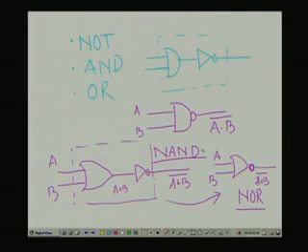Now, what will be the truth table of this NAND and NOR? What we have seen is that a 2 input NAND is actually equal to, we can write, a 2 input AND that is complemented. So, what will be the truth table?